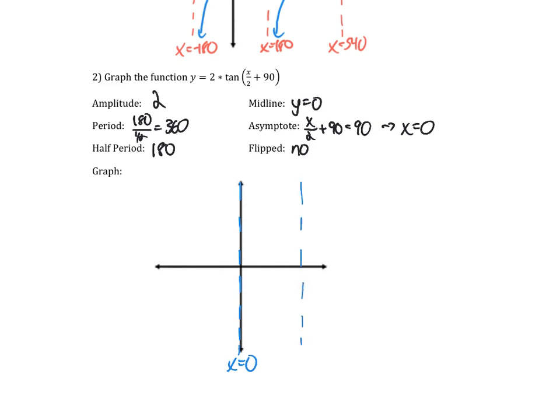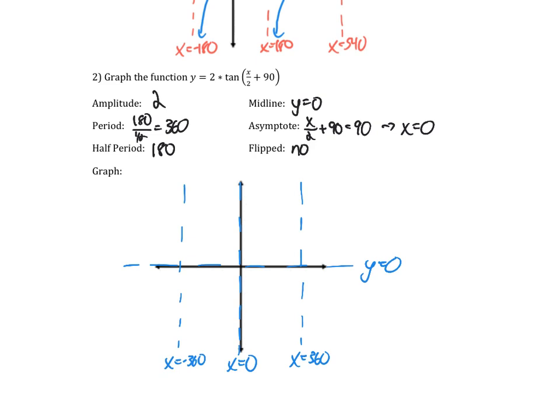That means I have a vertical asymptote at 360, and I have another asymptote at negative 360. Let me plot the midline, y equals 0.